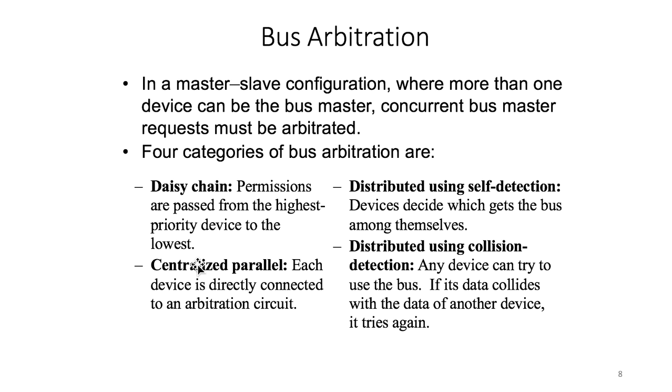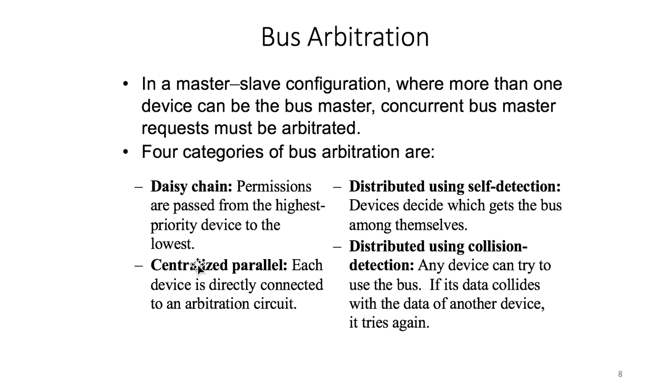In the multiple point bus where we have multiple devices sharing the same bus, basically one of the devices is going to be the master and the other devices are going to be slaves. That's what we call a master-slave configuration. We also can have more than one device be the bus master as well.